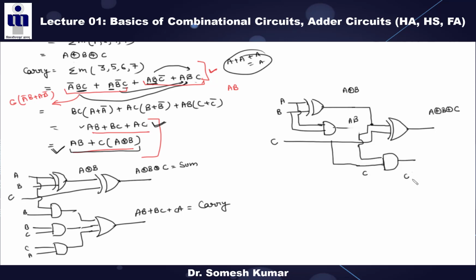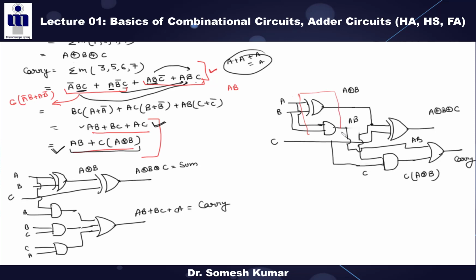So here the output is A XOR B. And what is the next we need? We need one more OR gate, right? Here this is AB and this is your carry. So from this circuit it is clear how many half adders: this is one half adder.